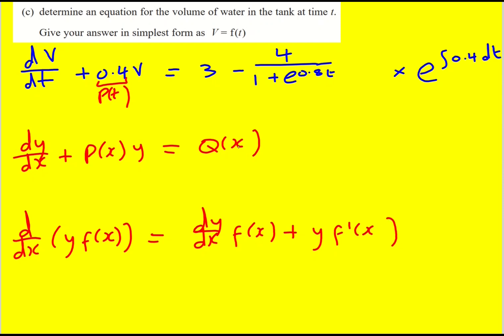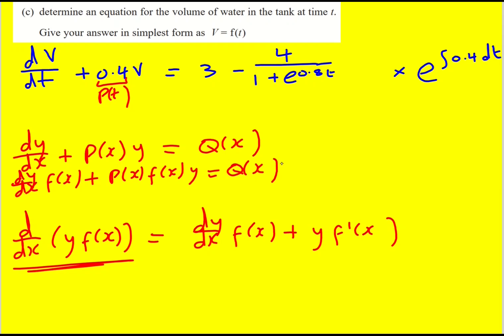So I want to basically take this equation up here and times it by a suitable f of x, such that I can write it back like this, because then I can easily integrate it, whereas I can't integrate that left-hand side as things stand. I'm going to multiply through by f of x. I get dy by dx f of x plus p of x f of x y equals q of x. And if I now compare them, this is the same as this.